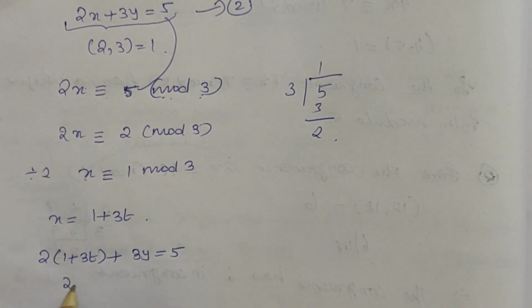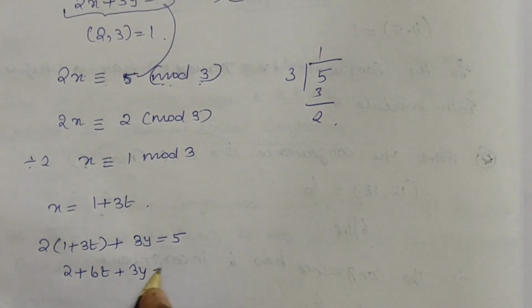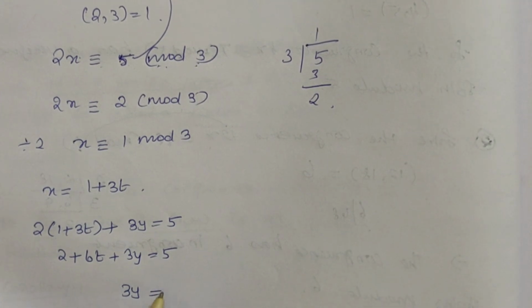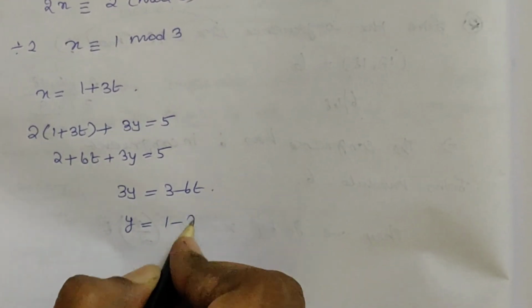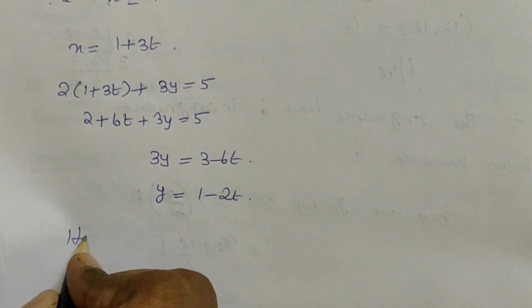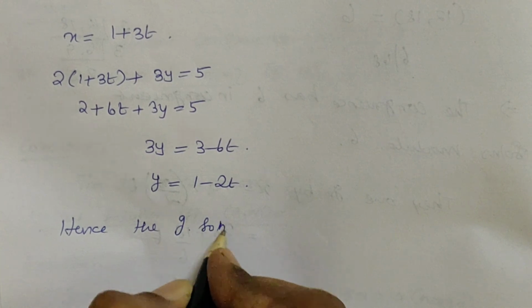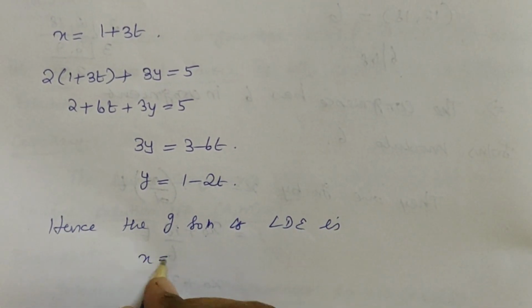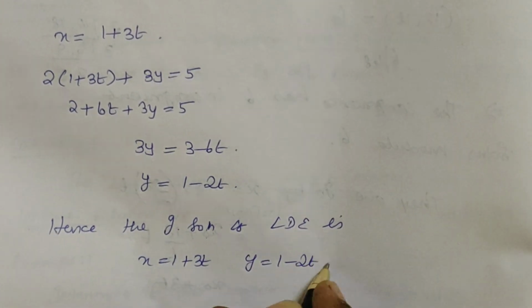After simplifying, you will get 2 + 6t + 3y = 5, which may be written as 3y = 3 - 6t. So y = 1 - 2t. Hence, the general solution of the LDE is x = 1 + 3t and y = 1 - 2t.